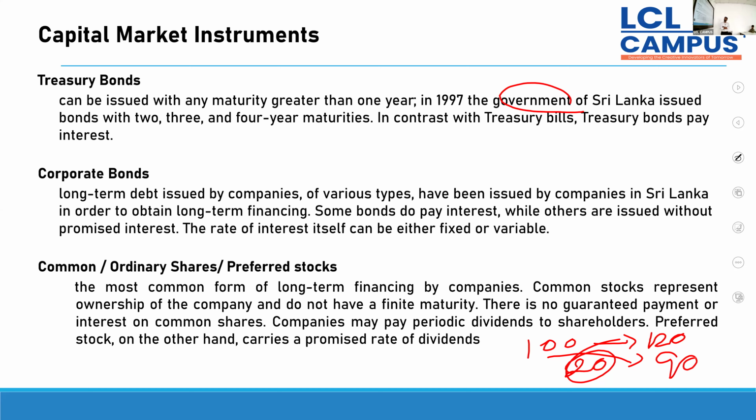So it is about bonds, right? Some bonds do not pay interest, like I said. What is the name I told you? Zero rated bonds, right? While others are issued without promised interest. The rate of interest itself can be either fixed or variable. You can earn a fixed interest rate or else a variable interest rate.